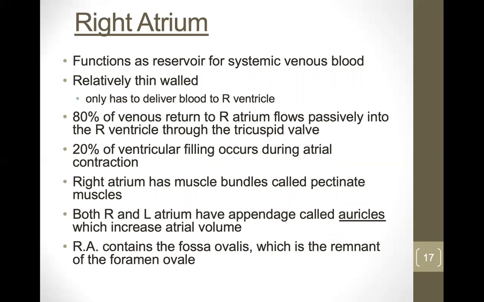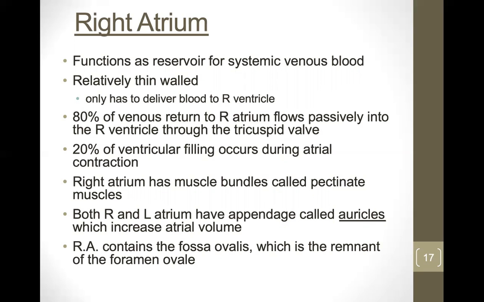Now, there still is a little bit of blood that will be remaining, because this is gravity, but not all of it ends up going down. We have a little bit of reservoir that can get held within the auricles, which are these little ears that we have on it. So it does have a little bit of contraction, and it empties out the rest of that blood. About 20% of the filling into the ventricle comes from that atrial contraction.